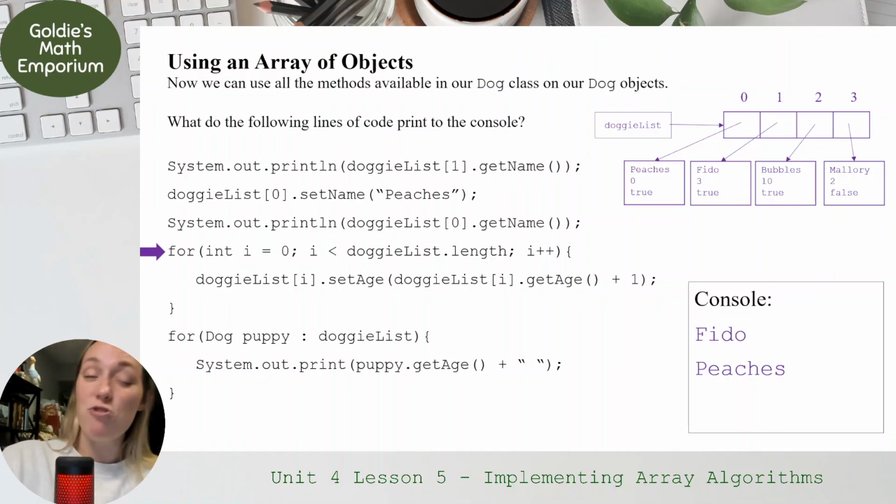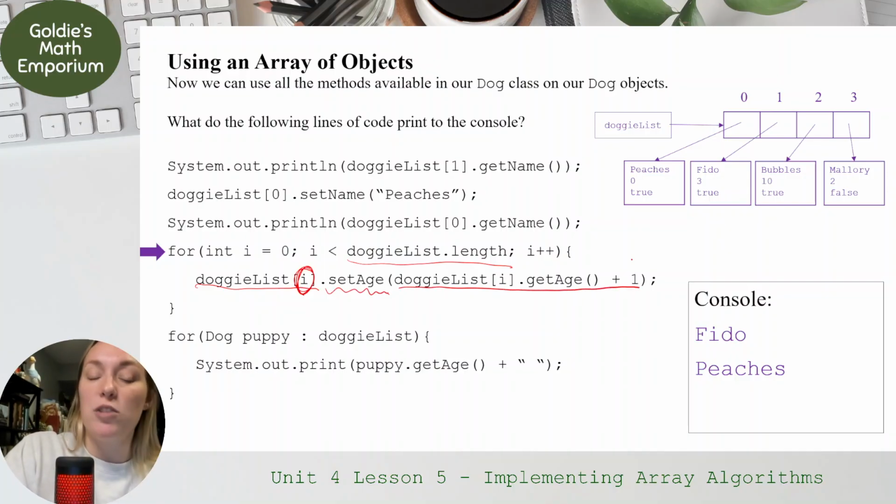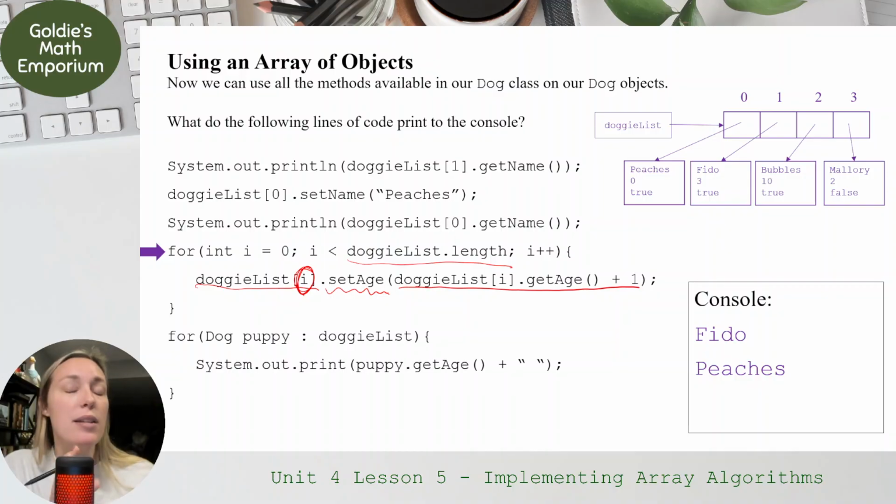We can also traverse through our array of dog objects. Let's say we go through doggylist.length, and let's say for each dog in doggy list, set age to doggylist.getAge plus 1. Okay, so a lot going on. I'm using some of my accessor and mutator methods here.